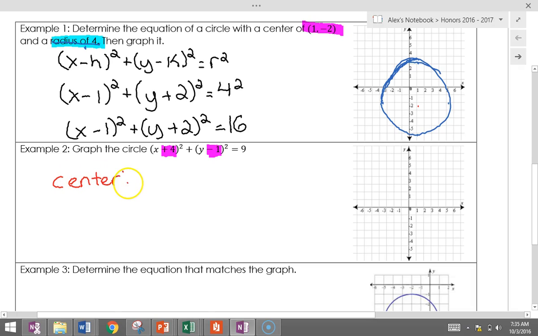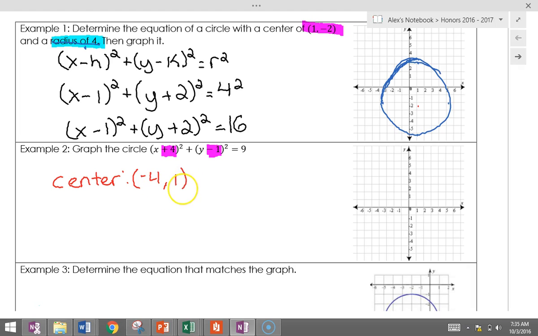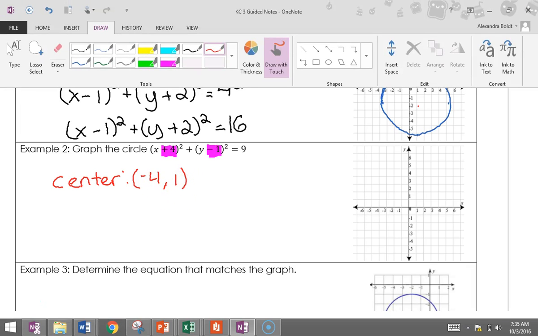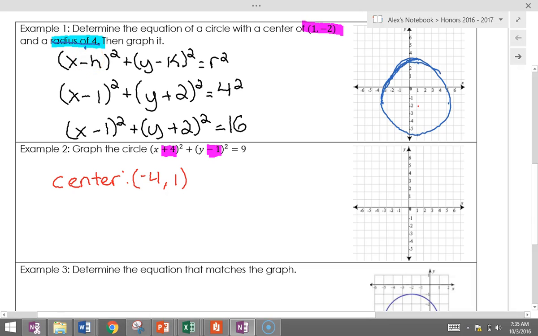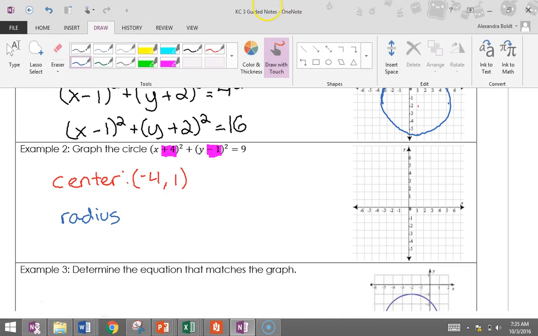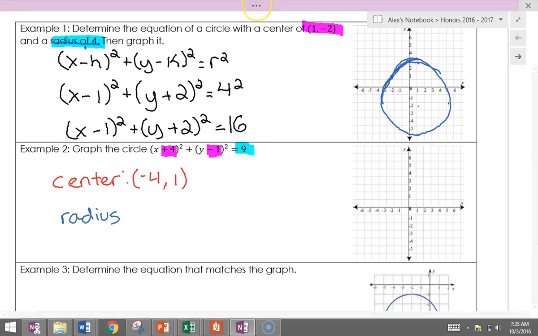So my center here is actually negative 4 and positive 1. And then for your radius, remember this number is r squared. So r squared equals 9, so r equals 3.